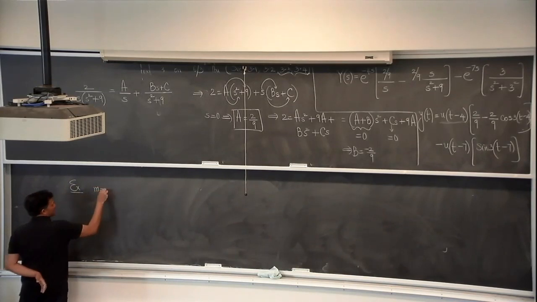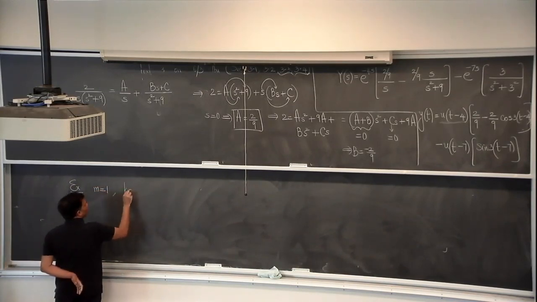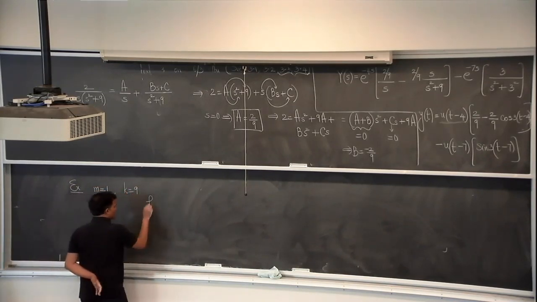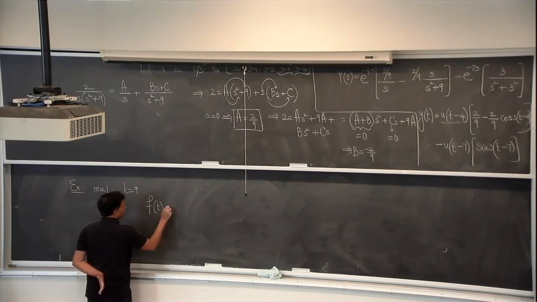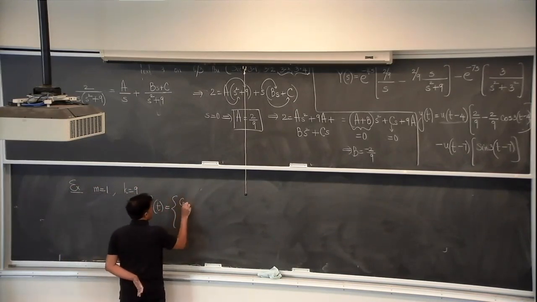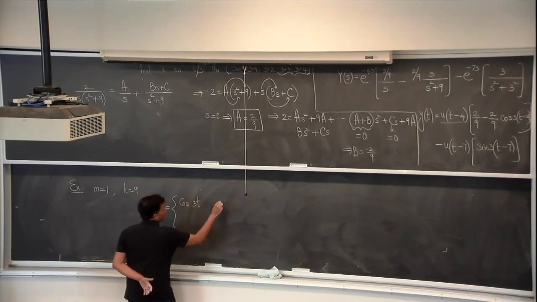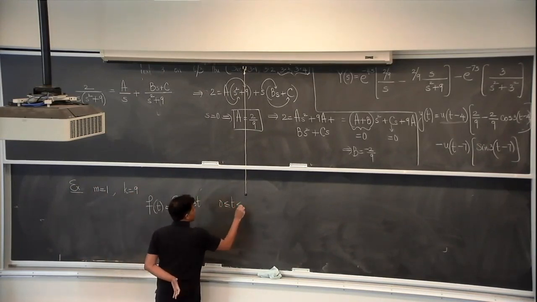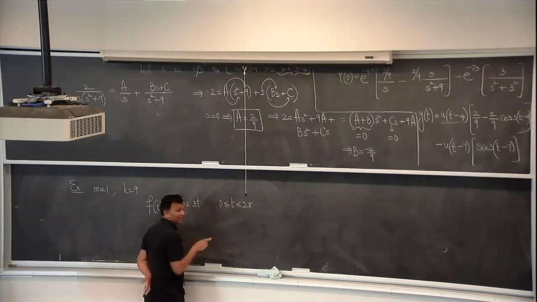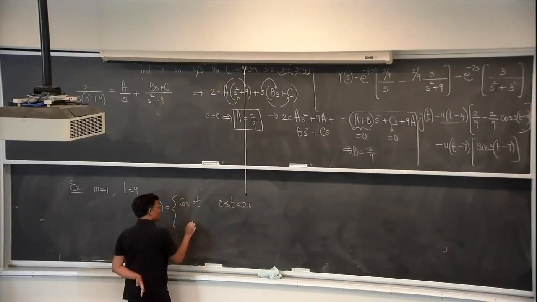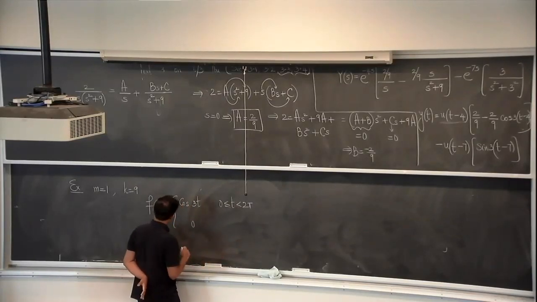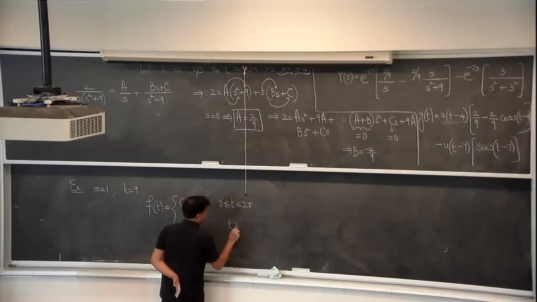The same system, say m equal to 1, k equal to 9, and I'm applying this external force f of t equal to cosine of 3t for t between 0 and 2 pi. The 2 pi is magical for these functions. And 0, that means I'm shutting it off for t greater than or equal to 2 pi.